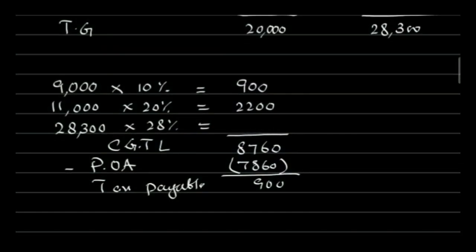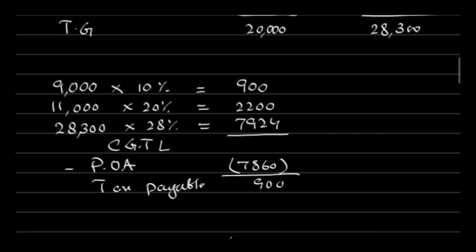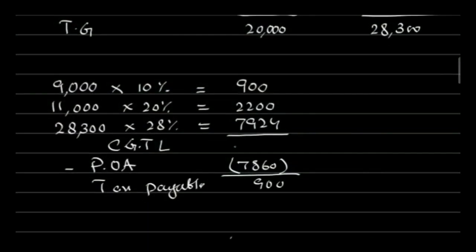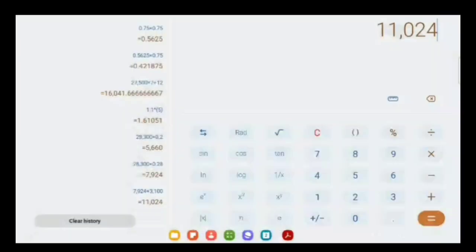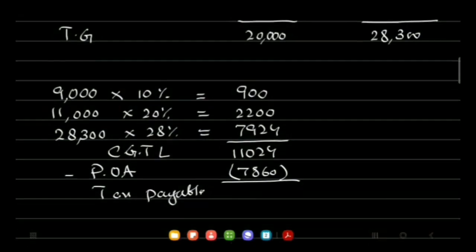So it will be 7,924, and because of this the total tax liability would be 7,924 plus 3,100, and this is 11,024. And from this 11,024 we have to deduct the payment on account of 7,860, and the tax payable is 3,164.